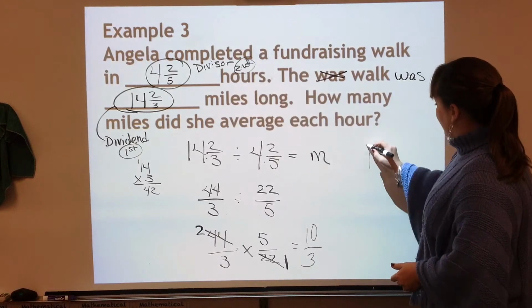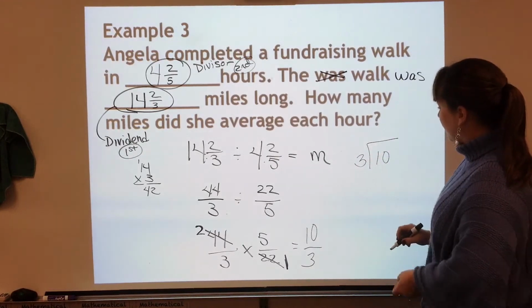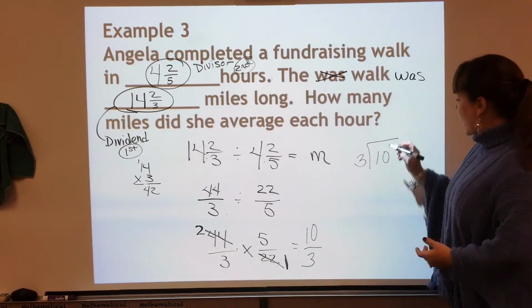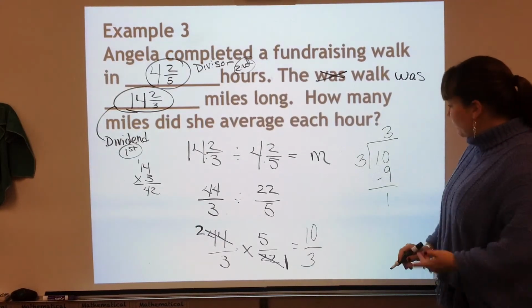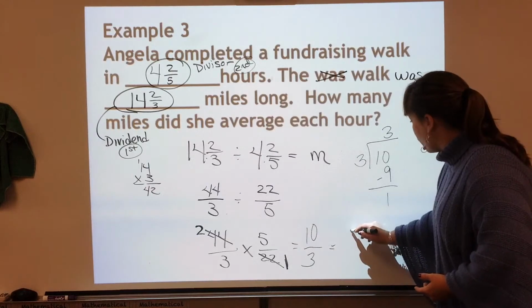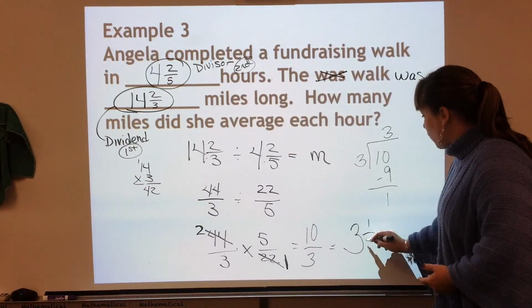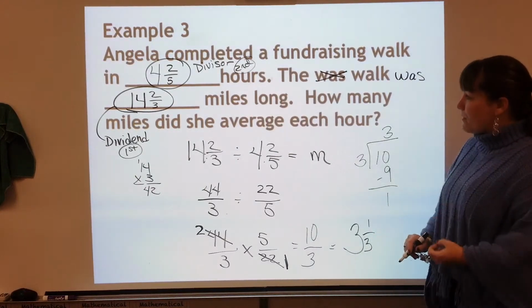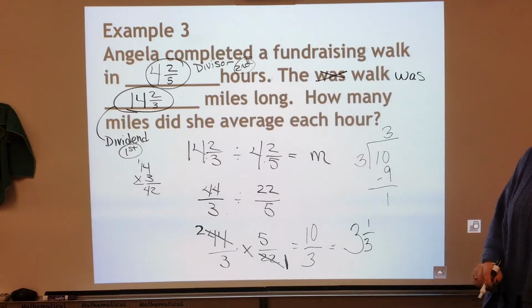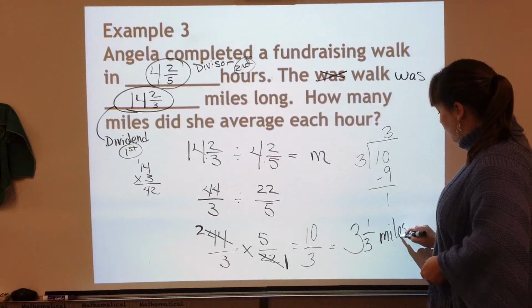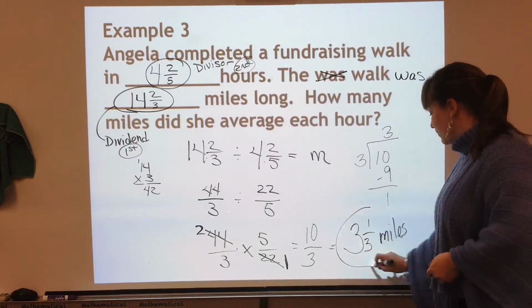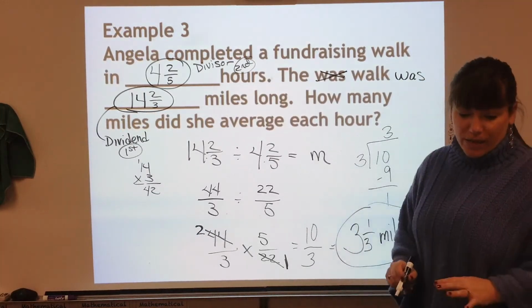I'm going to divide 10 by 3. 10 is close to 9, so that's a 3 with a 1 left over. My answer now is 3 1/3 miles each hour that she walked. So I'm going to add miles to my answer. And I'm done.